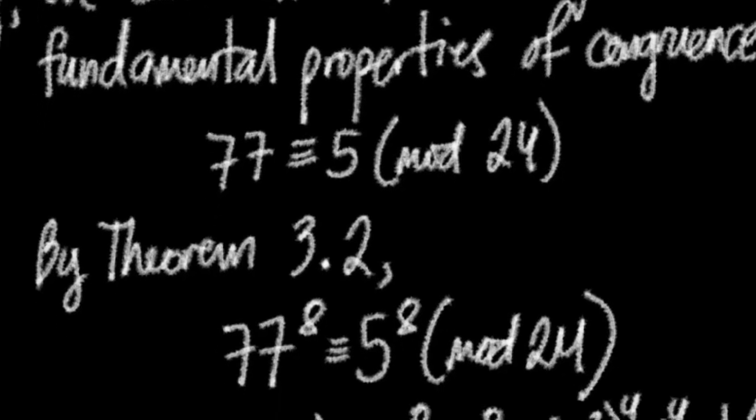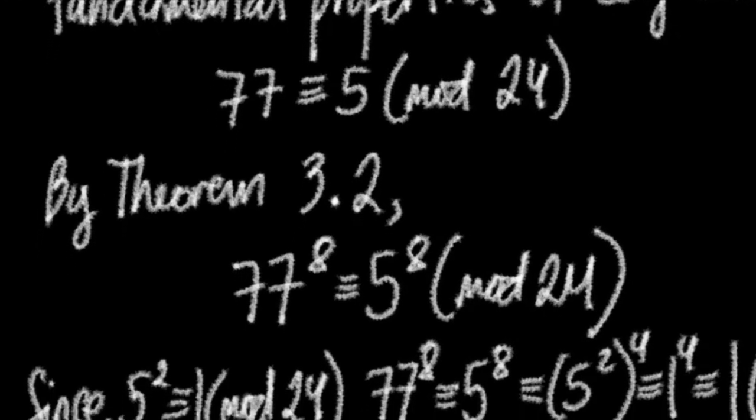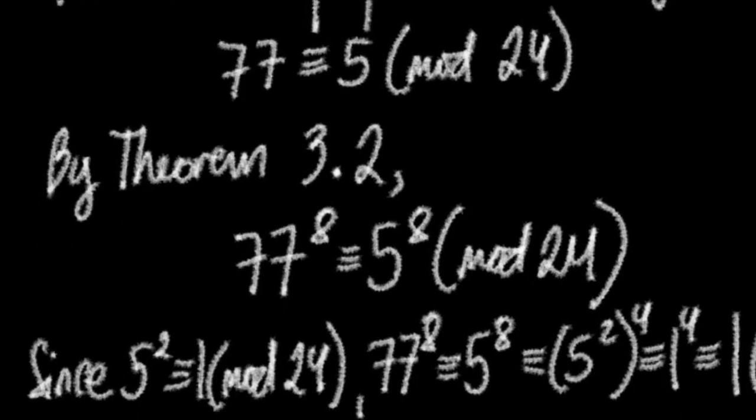Now, 5 squared is congruent to 1 mod 24. Why is that? Because 5 squared is 25, and 25 divided by 24 has remainder 1. So 5 raised to 8 is 5 squared raised to 4, by the power of a power law in exponents, which we are doing in reverse.